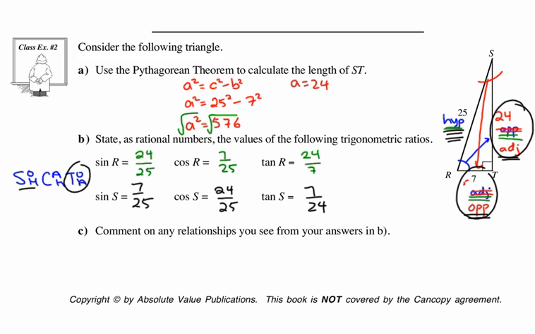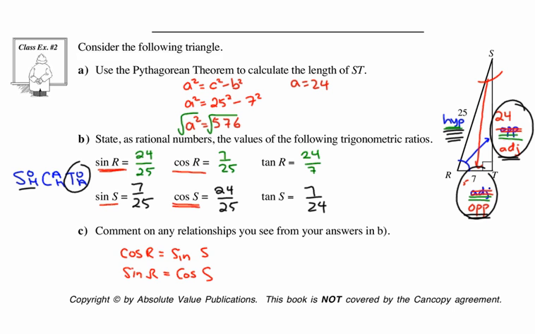Okay? So what relationships do we see? Do you notice that the sine of r is equal to the cos of s, and the cos of r is equal to the sine of s?